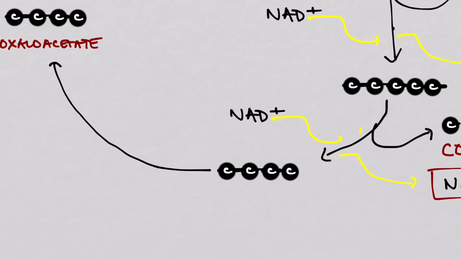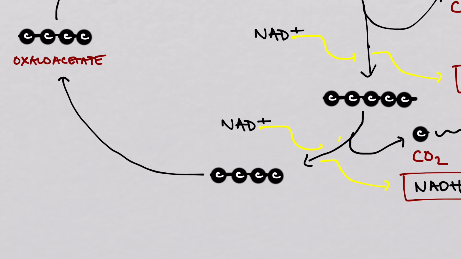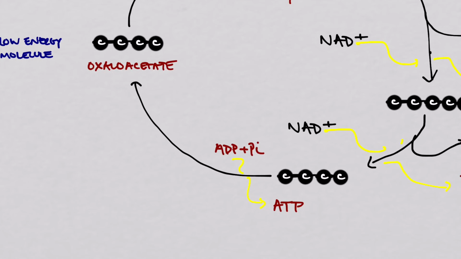So what happens? Well, the first thing that happens is an ADP and a free phosphate come into the cycle, and an ATP is produced. And next, another electron carrier that you have not seen before.